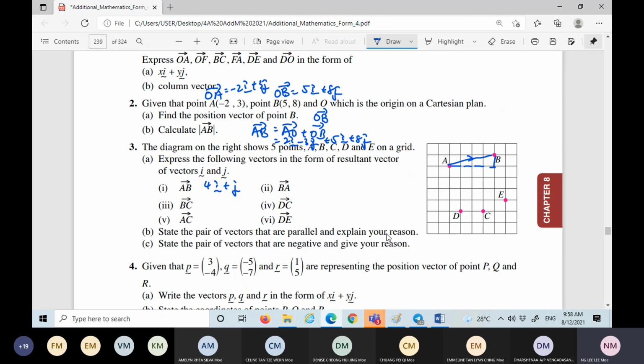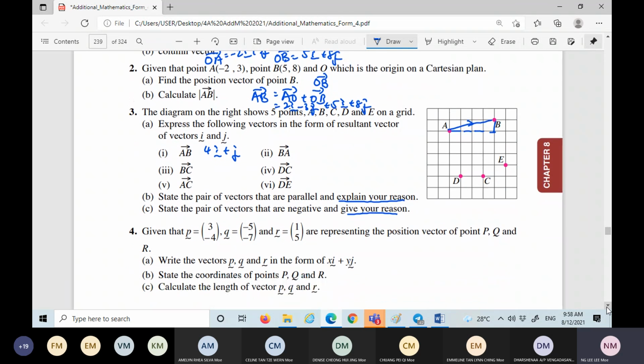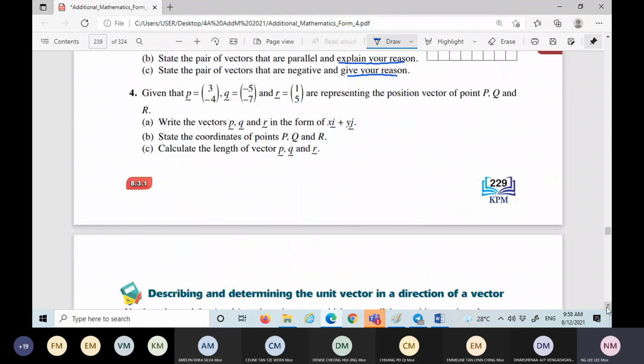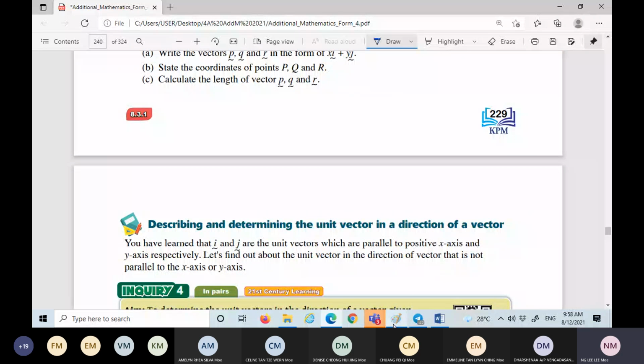So same thing, by comparing the i and the j. I think this part, give the reason. Explain your reason. This one you must give the reason. So that's all I think for today. So questions 1, 2, 3, 4 you do.